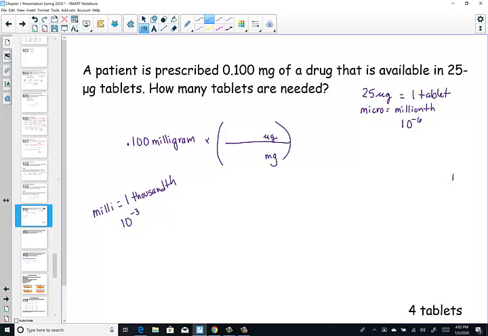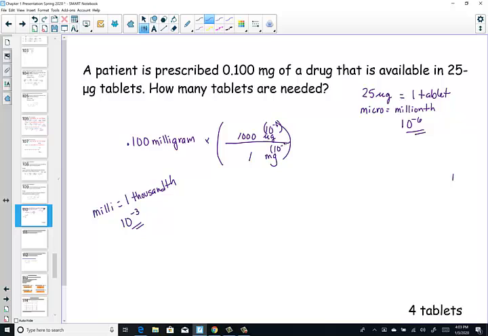The microgram is the smaller unit. The milligram is the larger unit. I like to place the 1 in front of the larger unit, knowing that 3 zeros separate a negative 6 power and a negative 3 power. It will take 1,000 micrograms, just to remind us what micro means, to be equivalent to a milligram.